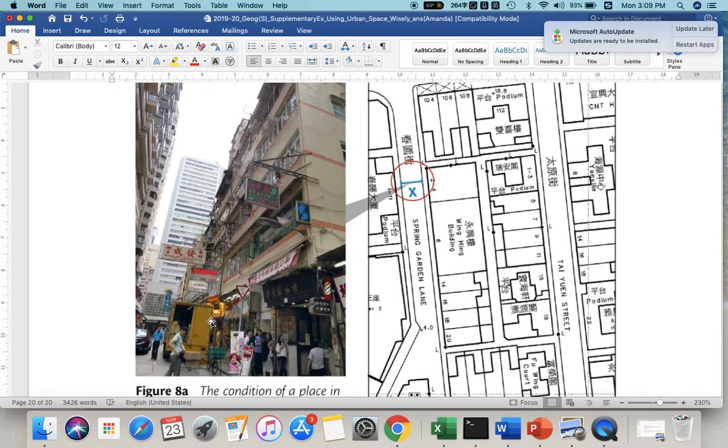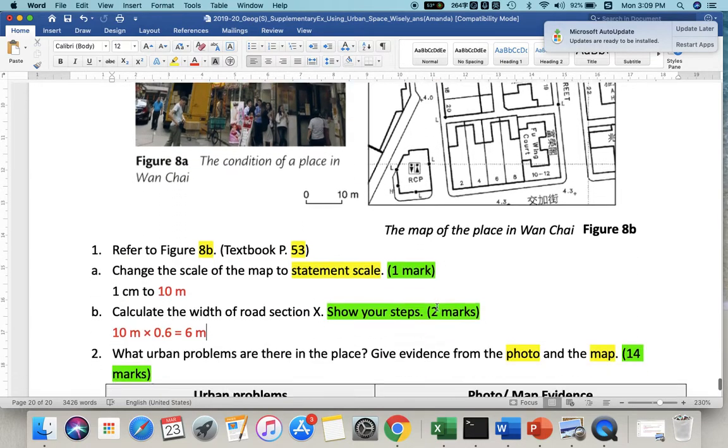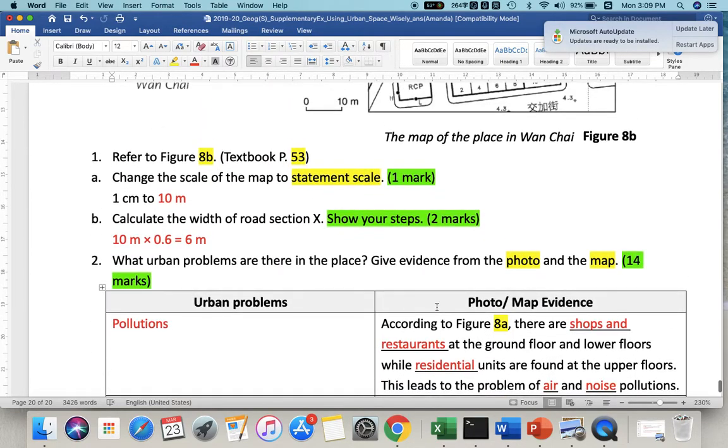And you could see there are a lot of cars or trucks sending the products to the restaurants and the shops. So this will lead to air pollution as well from the cars or from the trucks. So for the first urban problem, you could write down pollution.